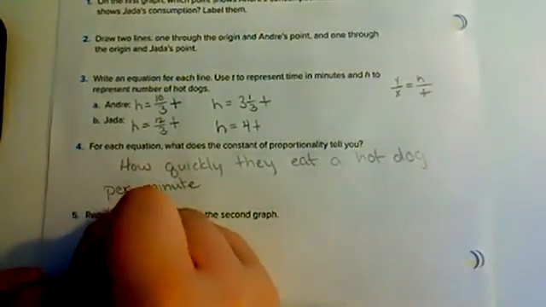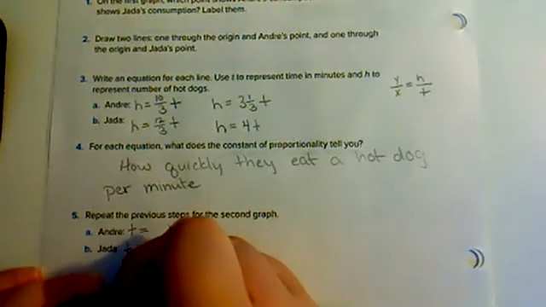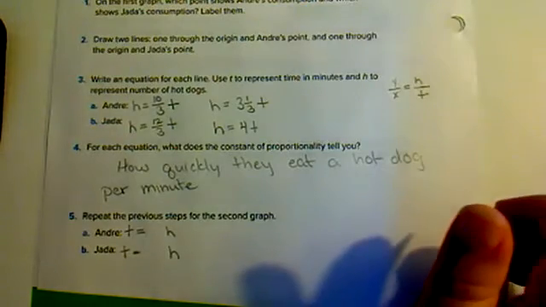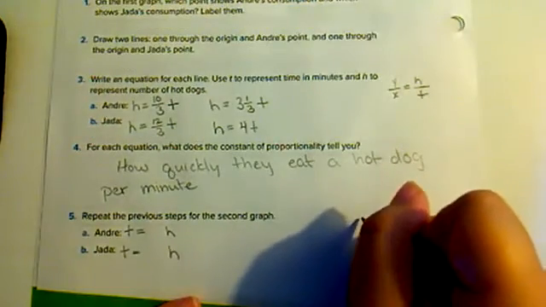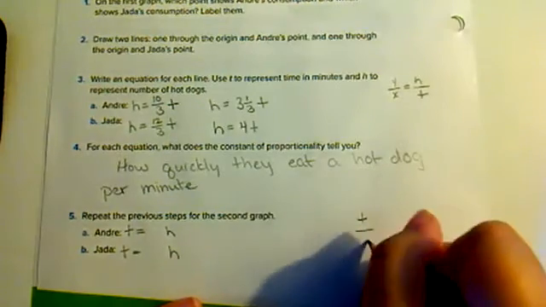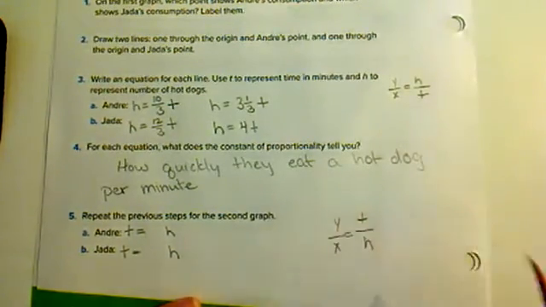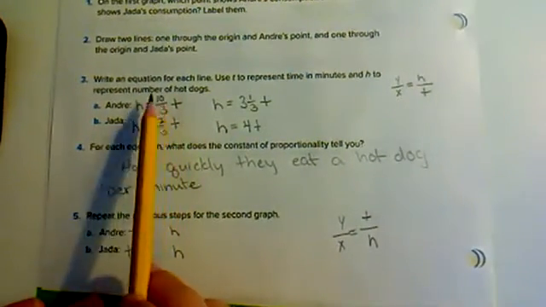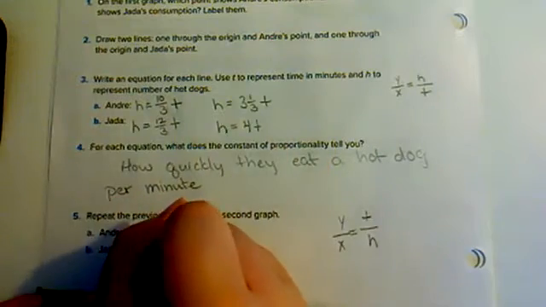So go ahead and fill that in for both. T equals blank h. And this time, instead of hot dogs over time, it's going to be time over hot dogs. It's still our y over x, but our variables are now in different spaces. So before Andre had 10/3, we're now going to flip that, and it's going to be 3/10.